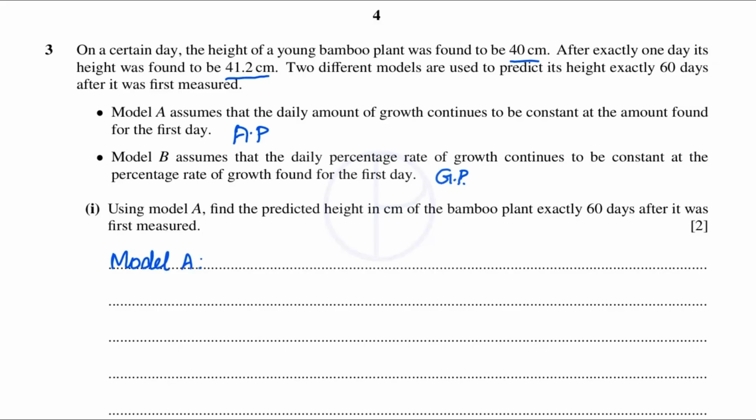So in model A, we need to find the predicted height of the bamboo plant exactly 60 days after. That means n is 61. After 60 days means the 61st day. And the starting height is 40 centimeter, so a is 40 and the difference d is 41.2 minus 40, which is 1.2.